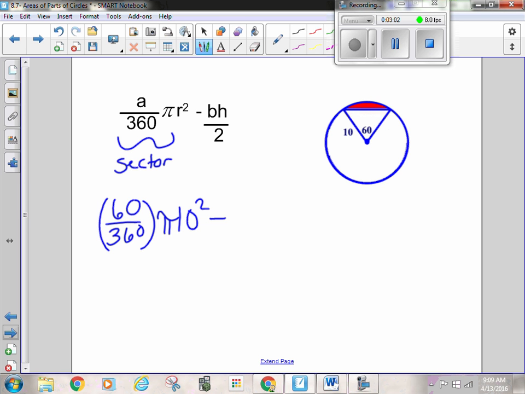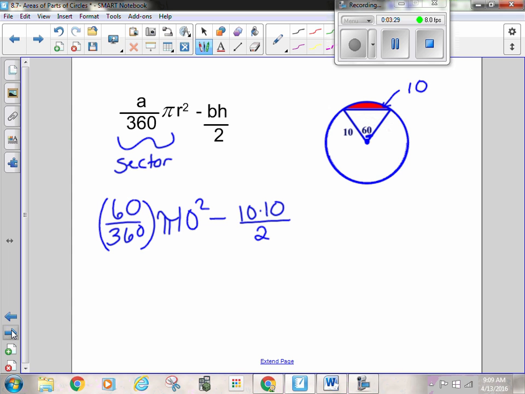So we need to know our base and our height. Here our base is 10. Base 10, height 10, and we end up with base times height divided by 2. In your book, I believe that they do a lot of right angles in here for our angle sector. Then your base and your height are both your radius.